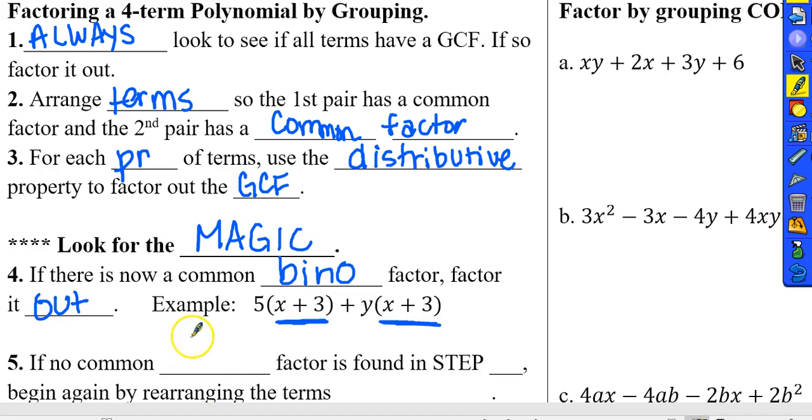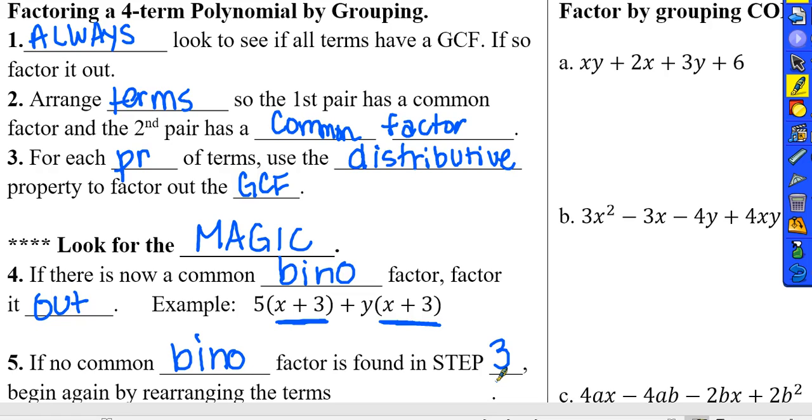Step 5, if no common binomial factor is found in step 3, begin again by rearranging the terms differently. I'm off the page and I don't want to scroll up. You have it there in front of you. I think there's more that it says though, right? Something about filling in the blanks. So it says check all combinations of terms.